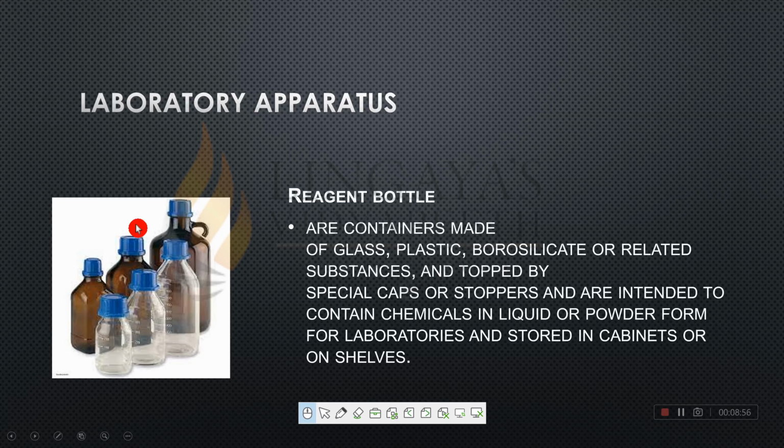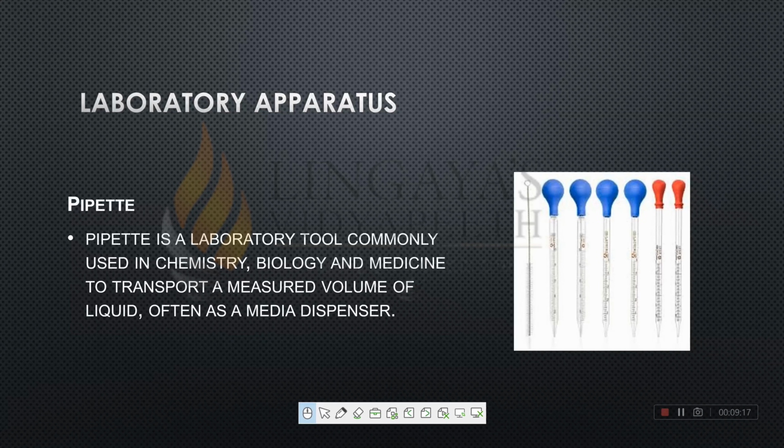Special caps or stoppers are present in these reagent bottles to minimize the spillage or the reaction of these solutions or chemicals. Alright, so these are stored in the cabinets or the shelves.